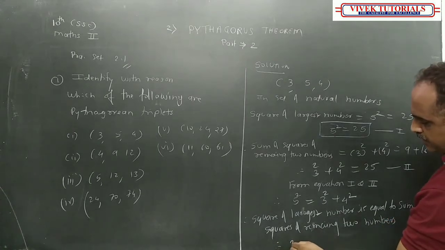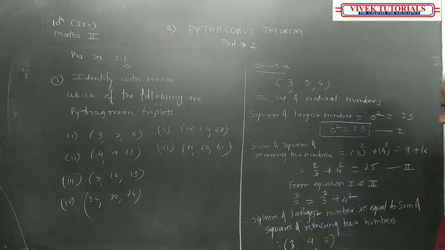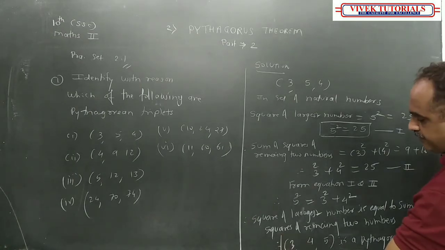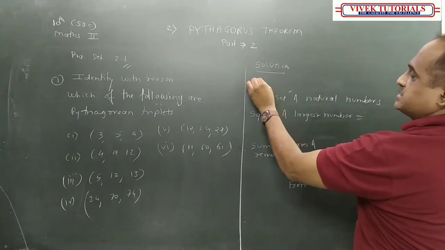Therefore, 3, 4 and 5 is a Pythagorean triplet. This we are going to put in a box. By pausing the video, now your second question.